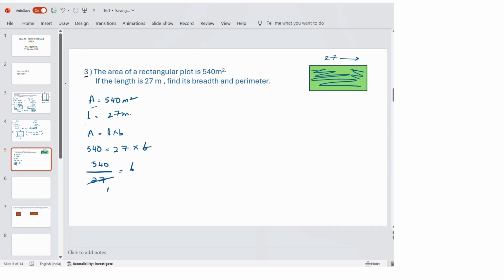Cut this, this will go 1 times and this goes 20 times. So B is 20 meter. Box your answer. Always box your answer.